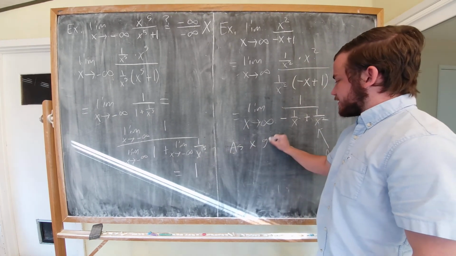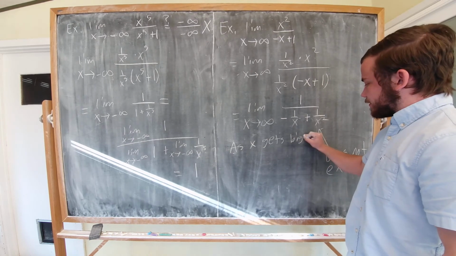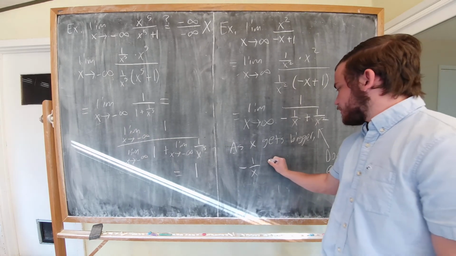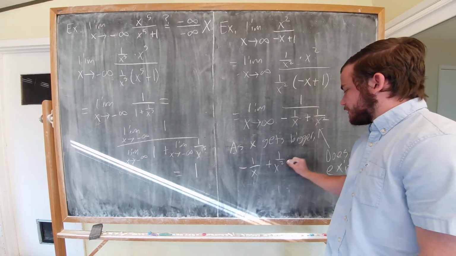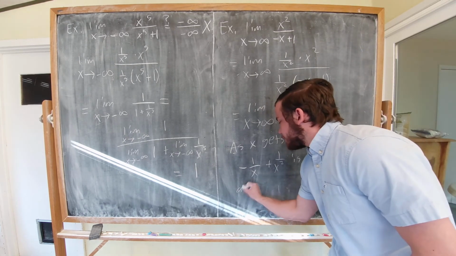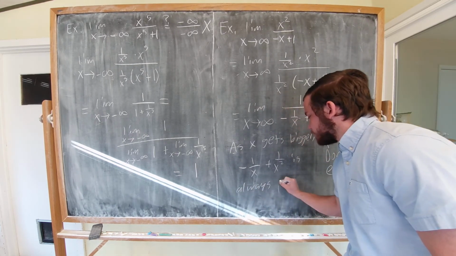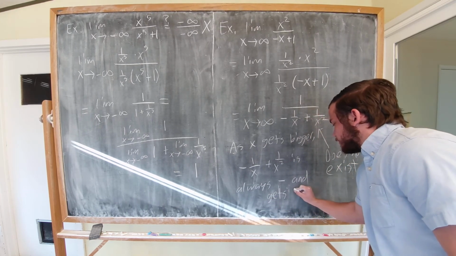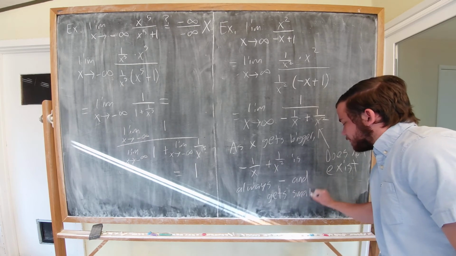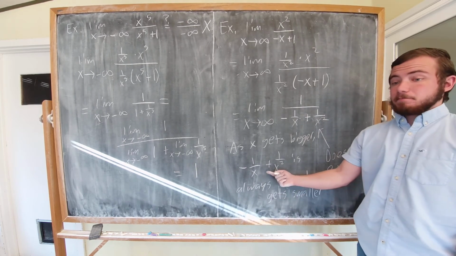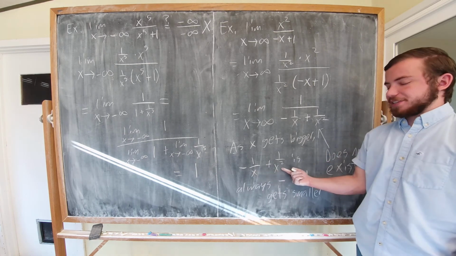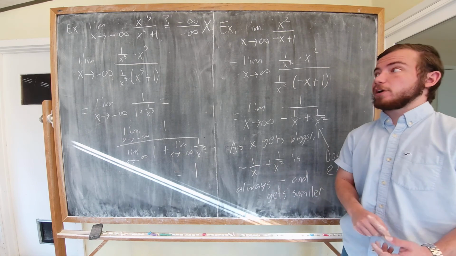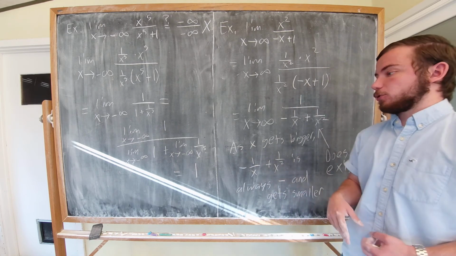As x gets bigger, negative 1 over x plus 1 over x squared is always negative and gets smaller. Right? Bigger and bigger x gets, the closer and closer this expression gets to 0, and it's always going to be negative, since 1 over x is always bigger than 1 over x squared, for x greater than or equal to 1.